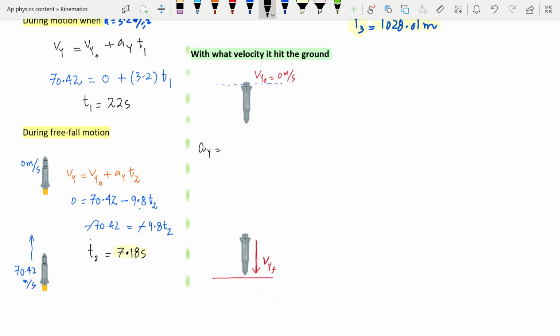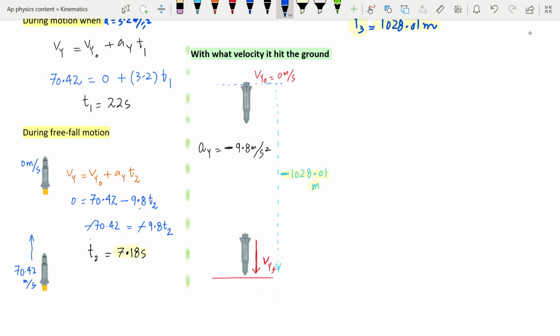Yes, it is falling freely, so the acceleration is negative 9.8 meter per second square. Do you know the vertical displacement, how much it has moved downward? We had already calculated, so it should be negative 1028.01 meter. Why is it negative, students? Because it has moved downward.